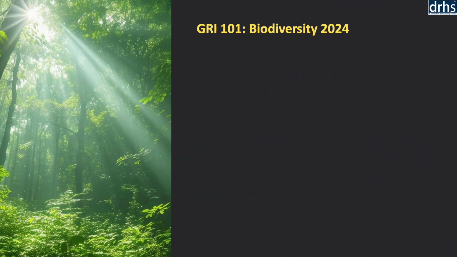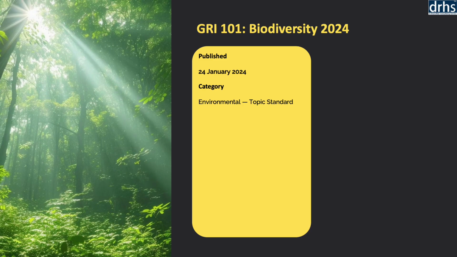Slide 6. GRI 101, Biodiversity 2024. The presentation of GRI 101, Biodiversity 2024 reflects a significant advancement in sustainability reporting, elevating biodiversity from a peripheral concern to a core strategic priority within corporate disclosures.